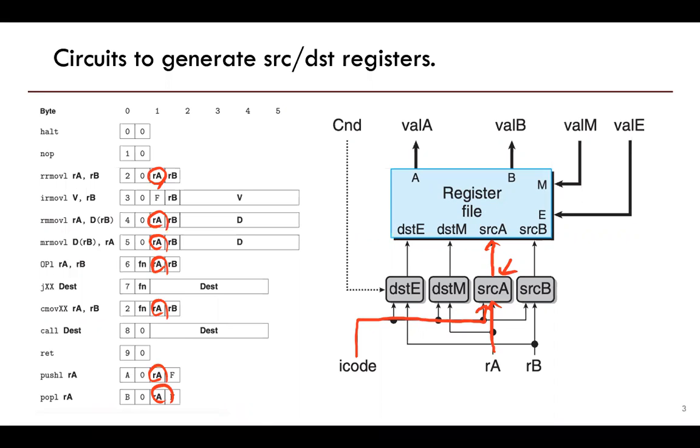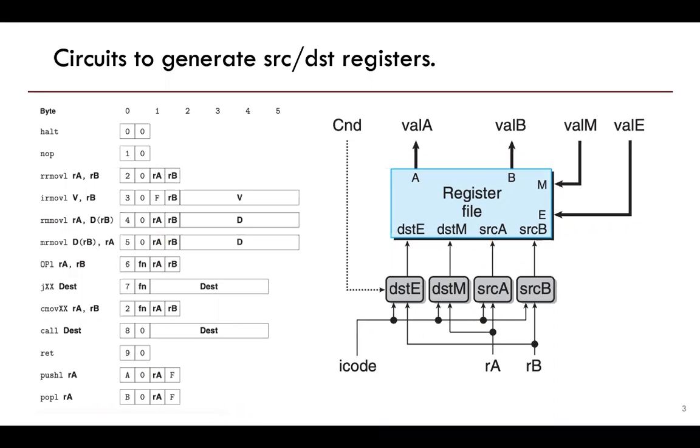Actually, pop needs to read the RA register, for your information, but we don't implement it. And so on. You can list out the instructions that need to read a register value or write a value to that register.